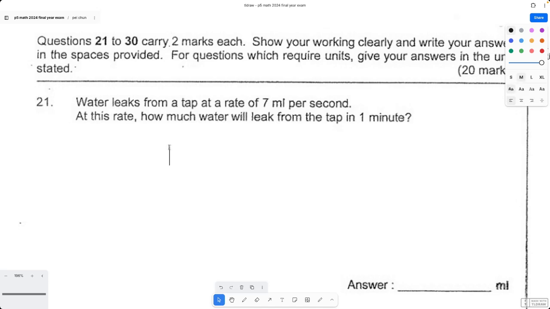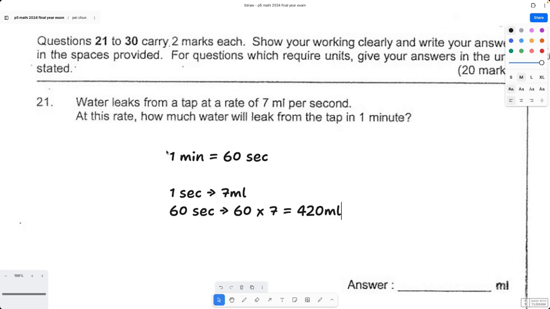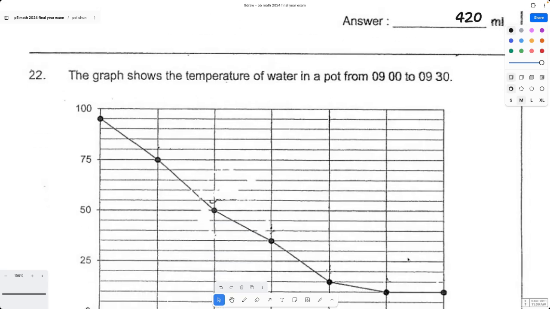We know that in 1 second, it will leak out 7 milliliters. 1 minute is equal to 60 seconds, so 60 times 7 is 420 milliliters. That's the answer, 420. Let's move on to question 22.